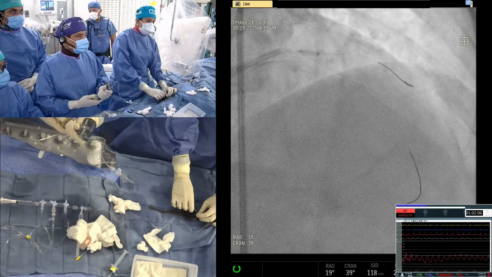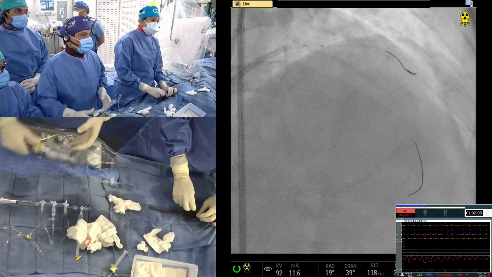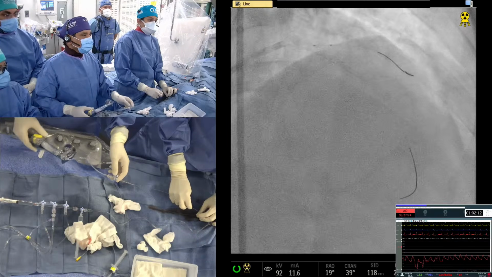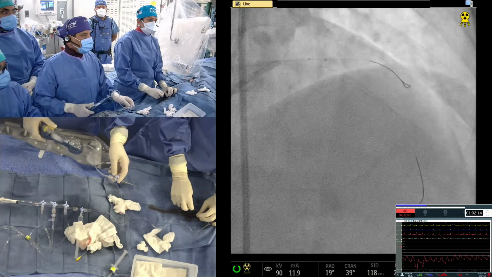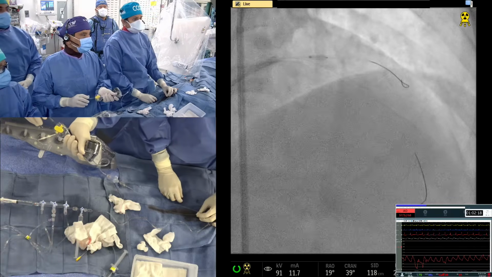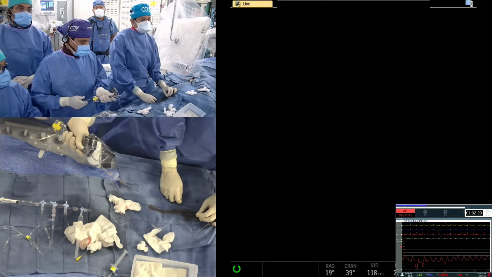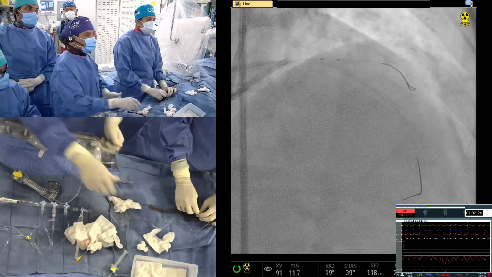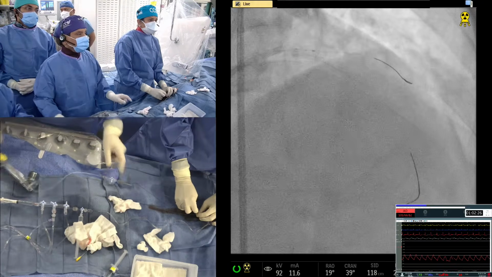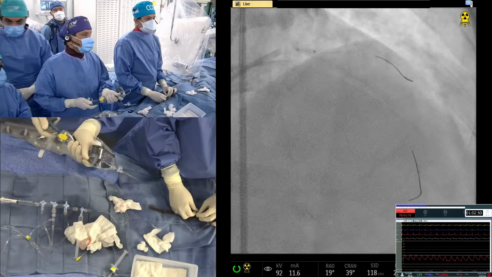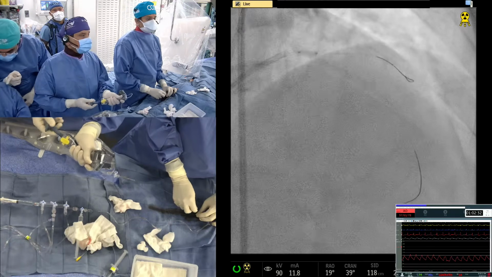Down. Okay. Now that's where the cutting things are. Yeah, good. Okay, go up here again. Good. Down.